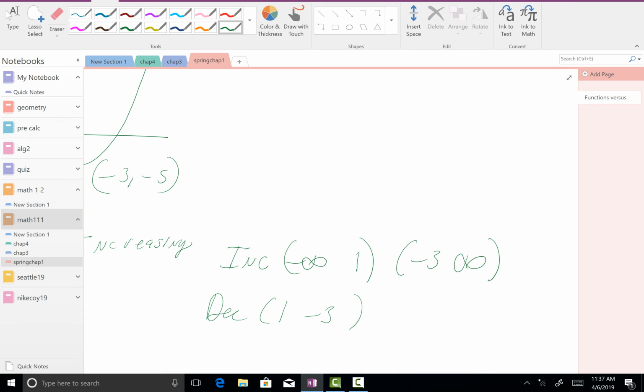Okay, and now here I'm going again. So now decrease to 1. And then finally 1 to infinity.